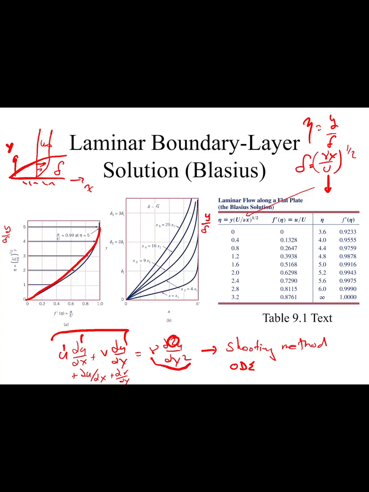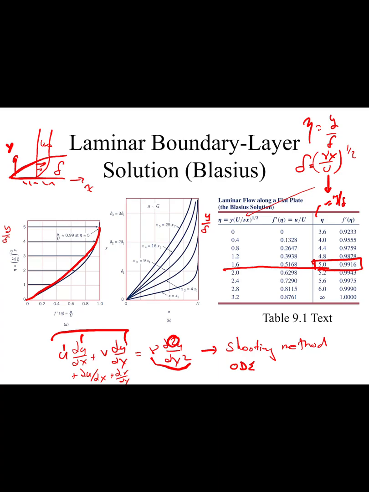And a couple of important quantities show up. We see our so-called delta 99 that we define. So delta 99 would be this over here. Again, eta equals y over delta. We get a velocity that's 0.99, so u over u infinity is equal to 0.99.